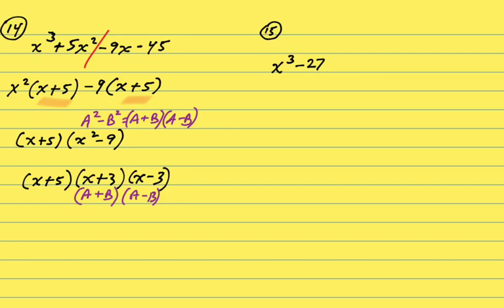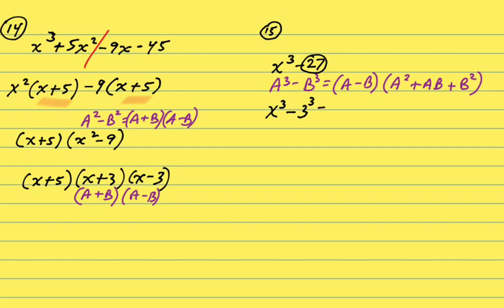Just like there's a rule for 15 on the difference of cubes. The difference of cubes, a cubed minus b cubed, would factor into a minus b times a squared plus ab plus b squared. So x cubed is simply x cubed. But what cubed is 27? 3.